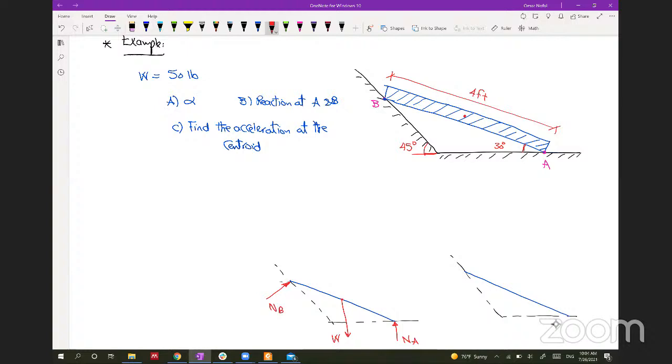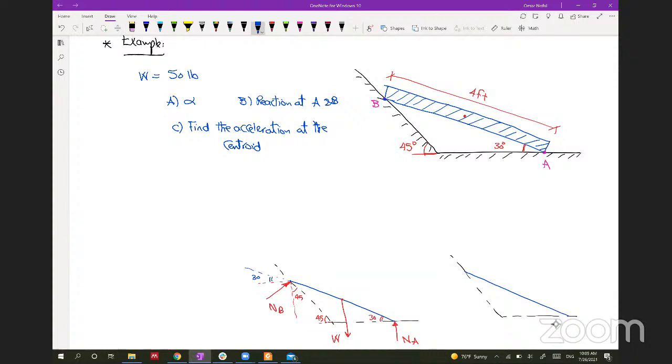And if we want to know some angles, we know that this angle is 45 degrees. This one will also be 45 degrees. And we know that this is 30. So this angle will be 30 as well.